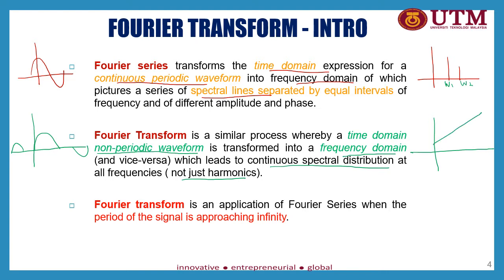Okay, it's continuous lines, covers all frequencies, so omega 1, omega 2, omega 3 up to infinity. Okay, because you can't even see every single harmonic as compared to the Fourier series. Okay, so Fourier transform is an application of Fourier series when the period of the signal is approaching infinity.